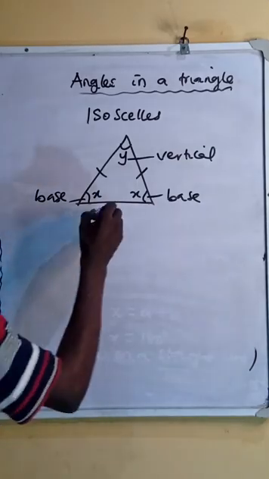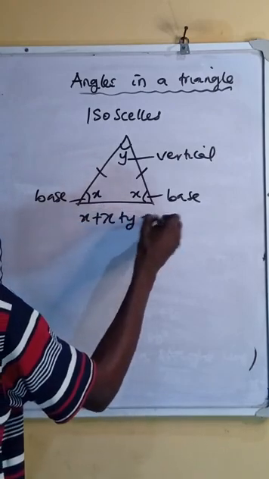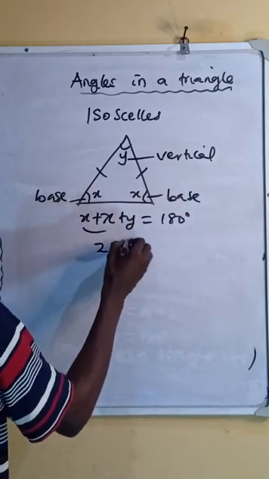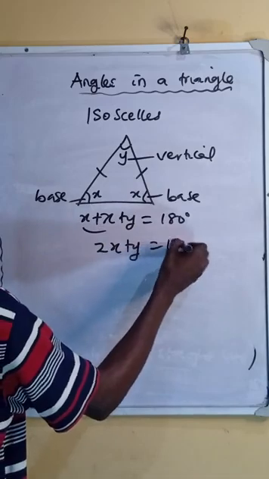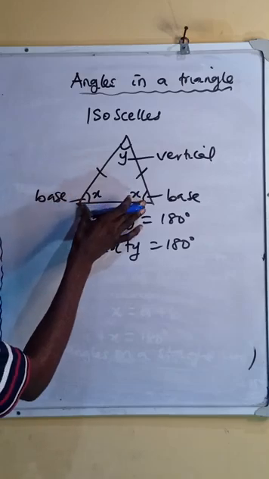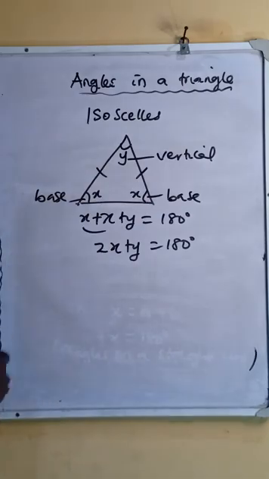Because it is a triangle, you have x plus y plus x equals 180. This is for short: 2x plus y equals 180. Whenever you are dealing with this type of triangle, you must know that the base angles are equal.